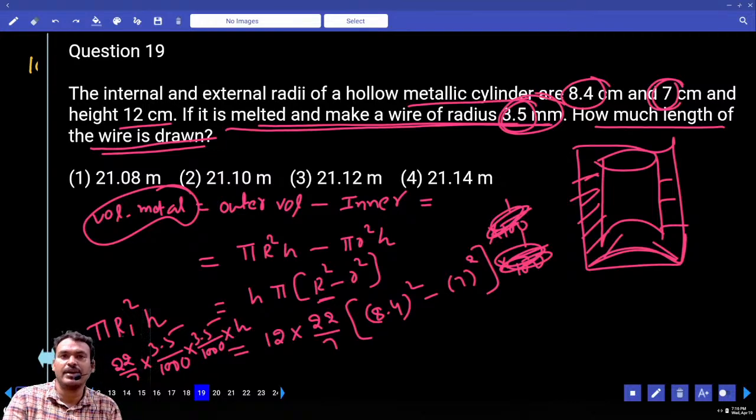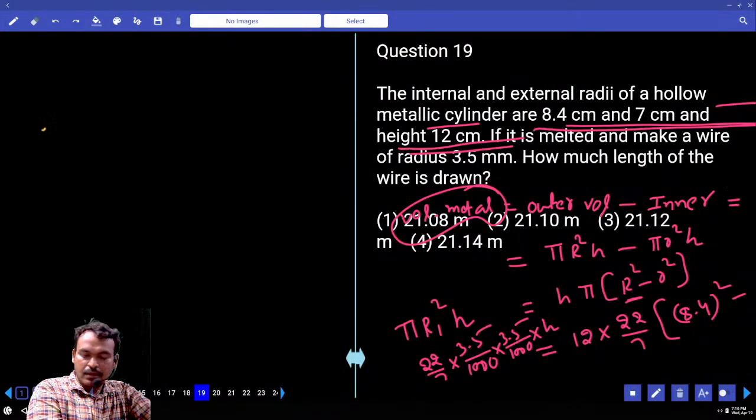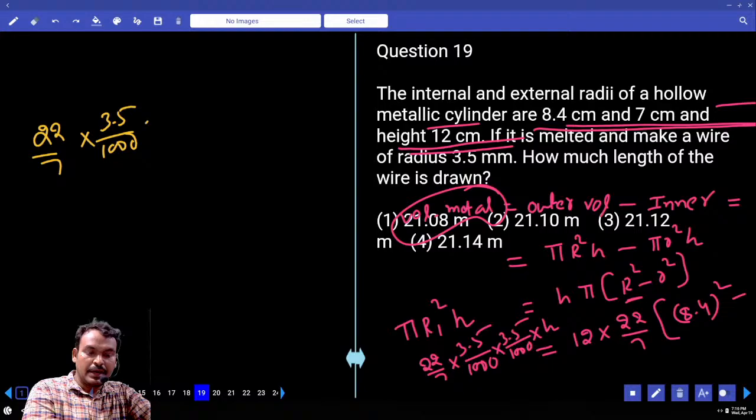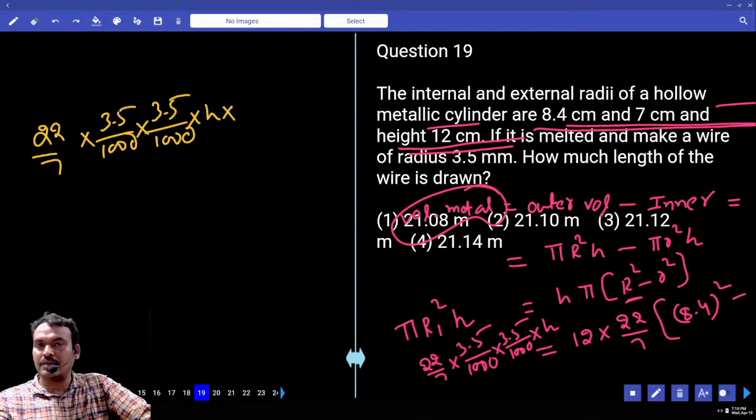It will become: left hand side multiplied by 22 by 7 into 3.5 by 1000 into 3.5 by 1000 into H, and right hand side it will be 100 into 100.